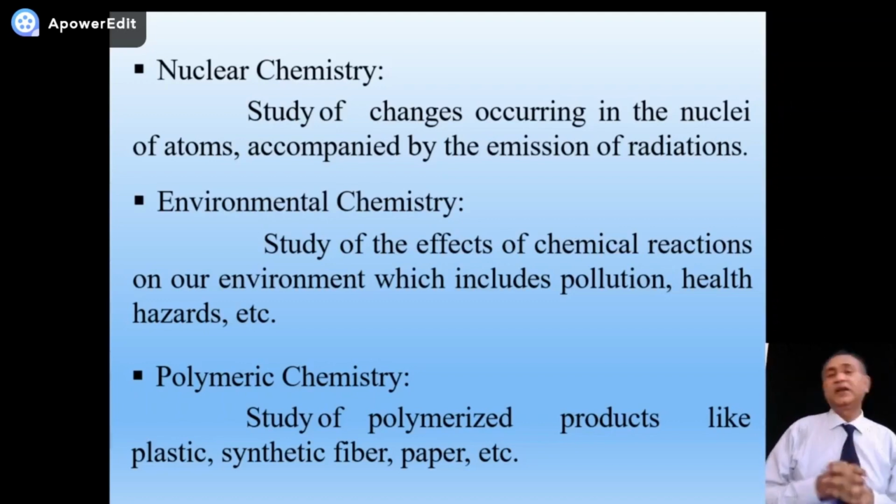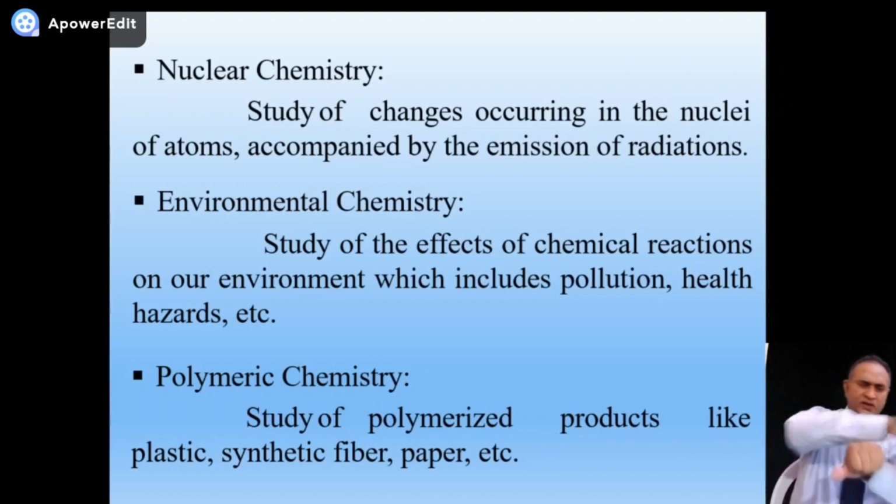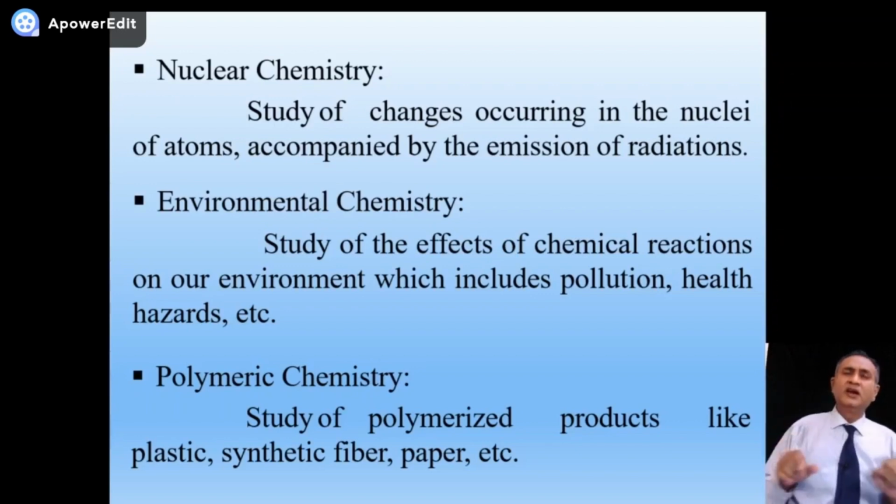Last is polymeric chemistry. Suppose I have something, the same thing over here. If these small things combine together, like these two, then another one, forming a chain, then a polymer is formed. And what is this single unit called? Monomer.